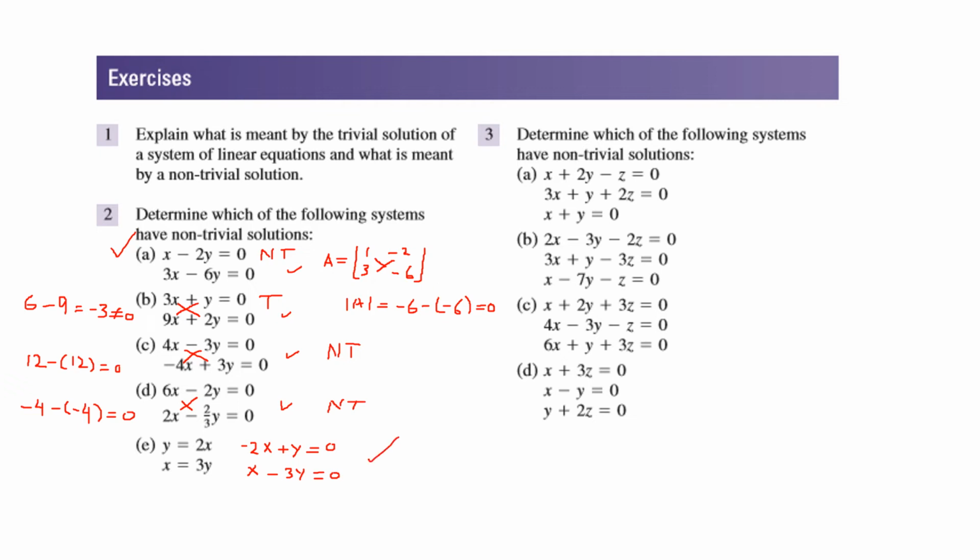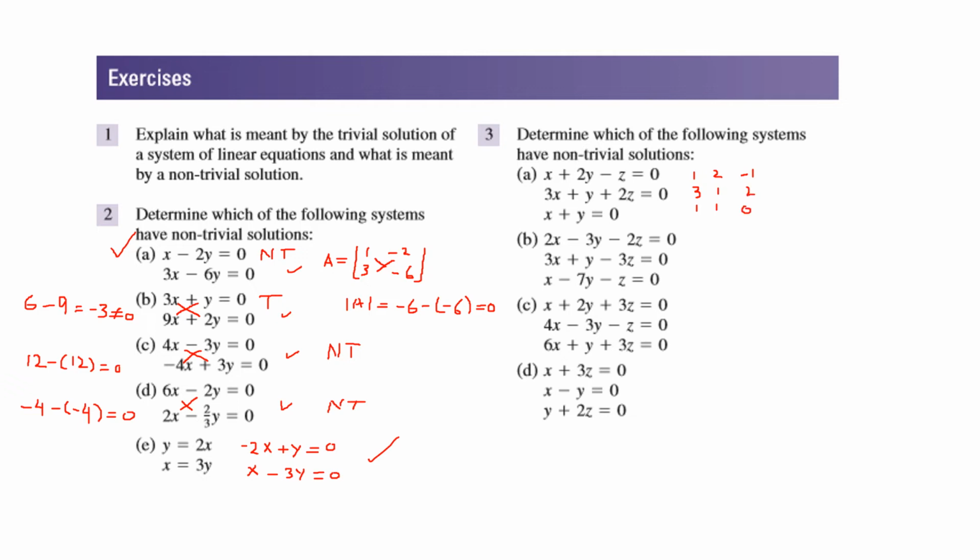The matrix is 1, 3, 1, 2, 1, 1, minus 1, 2, there is no z, so 0.